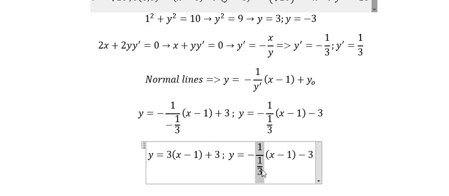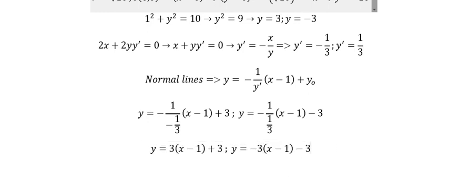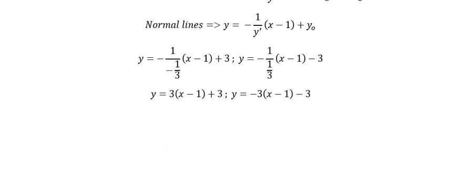This one you get negative 3, and now we need to simplify.